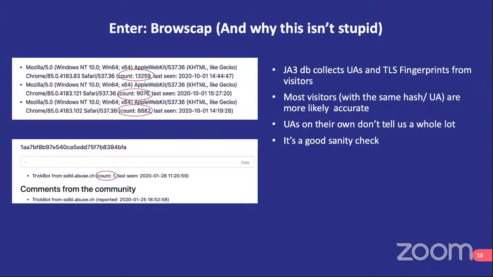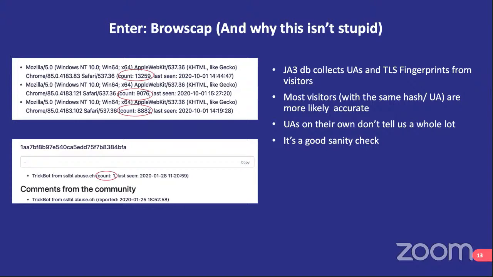So if you have a high count of hash to UA, then you can assume that's more likely accurate, unless somebody's stuffing the database, which is totally possible. But that's more likely accurate than it just seeing it one time, for example, just one off, because that means that people are clicking it with their browsers and constantly getting tracked that way.